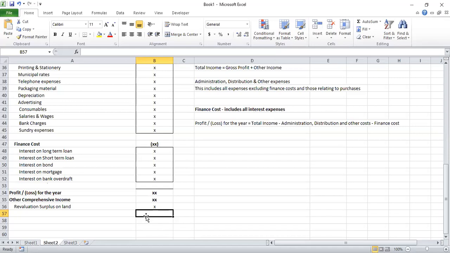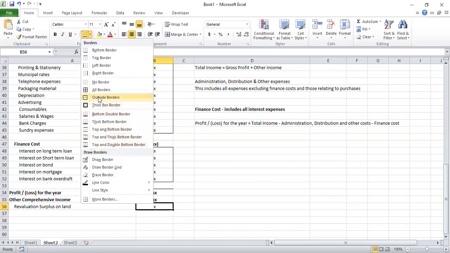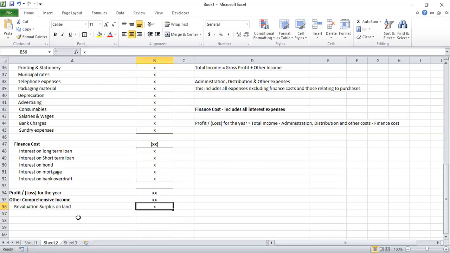That's what we call revaluation surplus. Then we get what we call total comprehensive income.